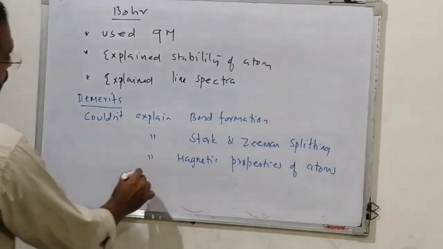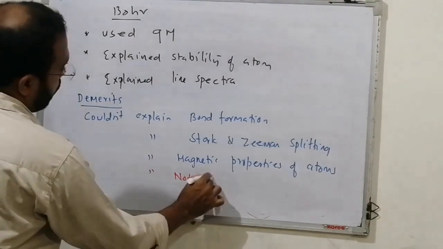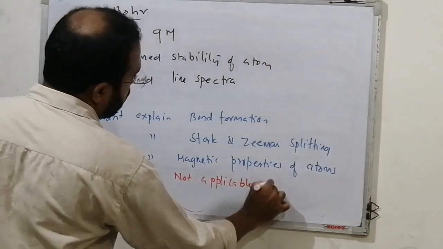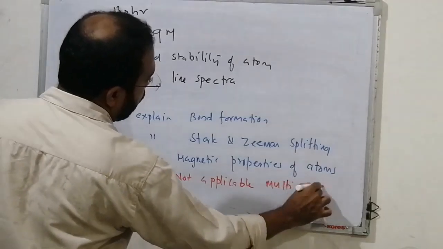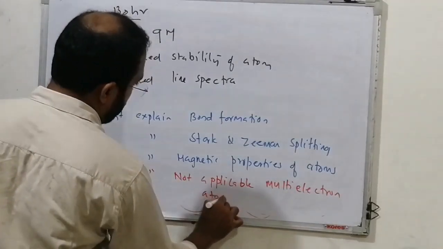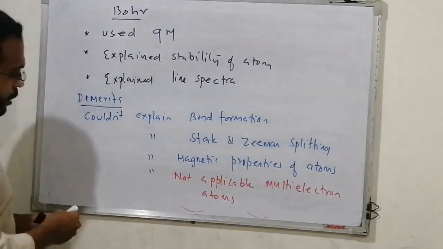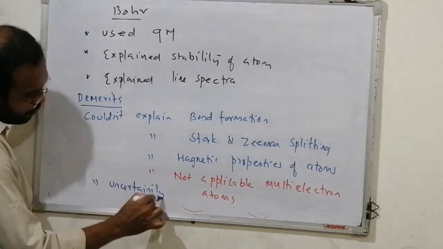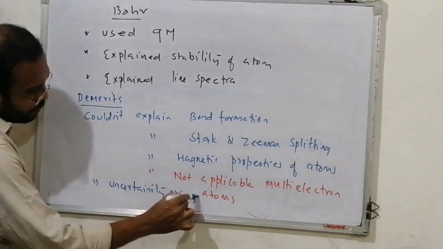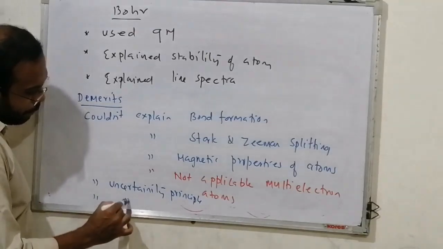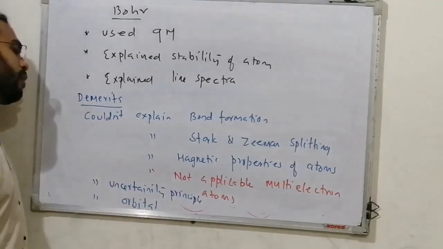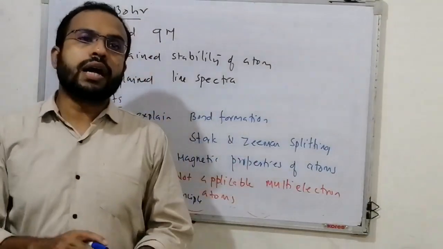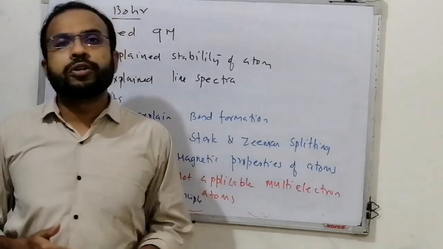It is not applicable to multi-electron atoms. It couldn't explain the uncertainty principle. It couldn't explain the idea of orbital. But still it is a very, very important concept. It paved the way towards the quantum mechanical model.